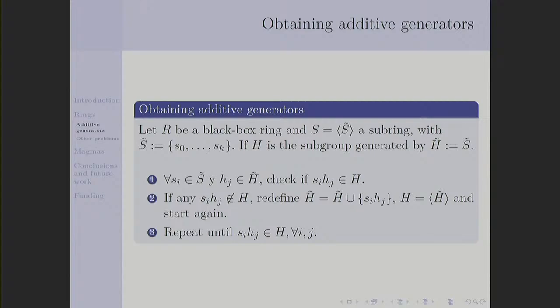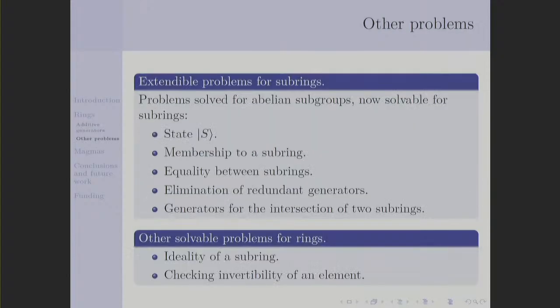Once we solve this problem, almost automatically we have a lot of subring problems solved. Let me point out the membership to a subring of any given element of a ring, equality between subrings, or even finding generators for the intersection of two subrings.